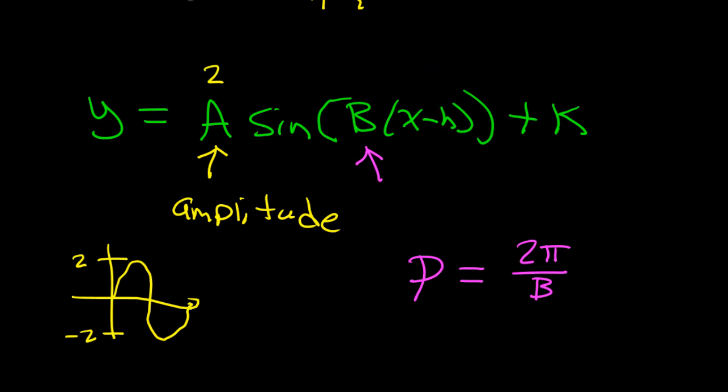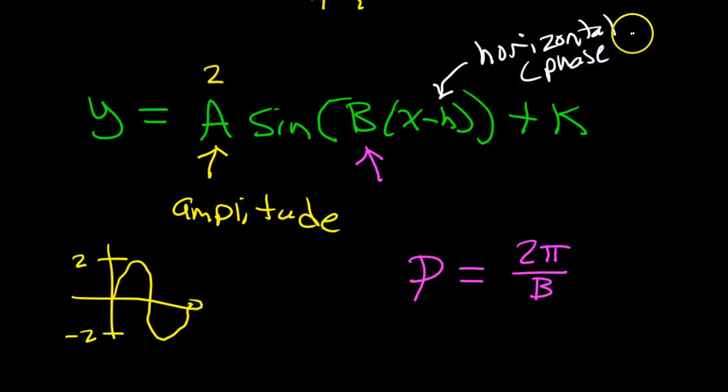In this video, we're not going to deal with the h and k, but I'll just mention them briefly. The h and k will be horizontal and vertical translations. So this h is a horizontal translation, and that's called a phase shift when you're dealing with a periodic function. We'll deal with that on another video.